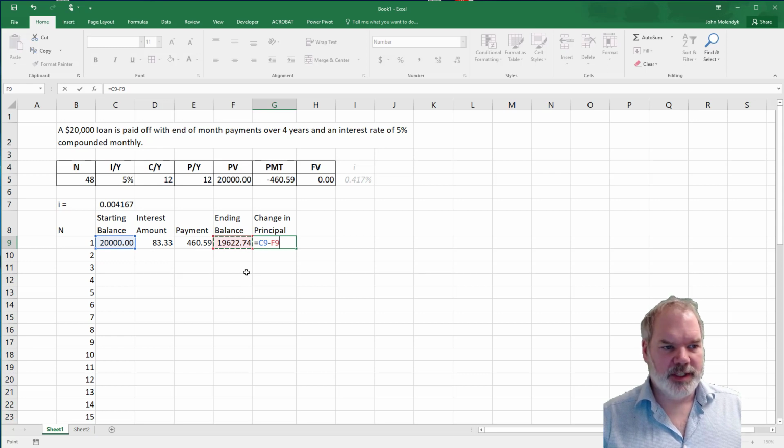The difference is how much we paid off on the loan. So we can see we paid $377.26. Well, our payment was actually $460.59, but we're having a $377.26 change in principal. Why is that? Well, this is equal to how much we had in interest plus our change in principal makes up that full $460.59 payment.